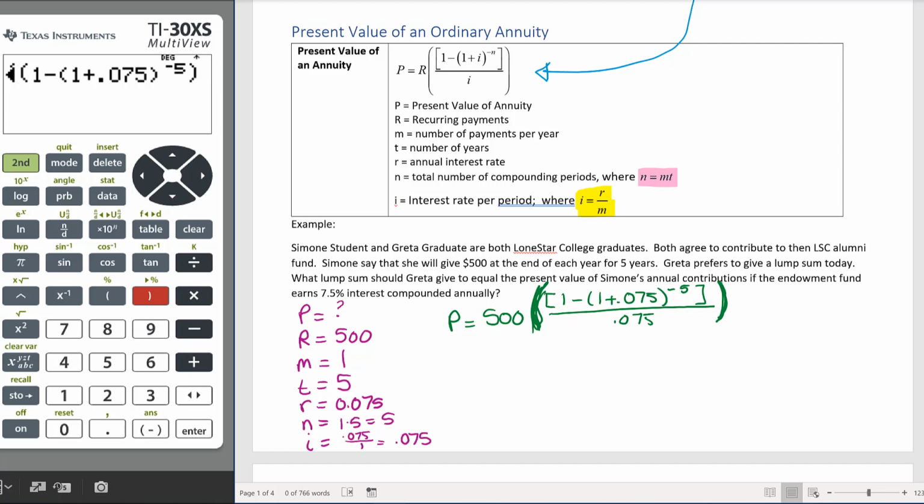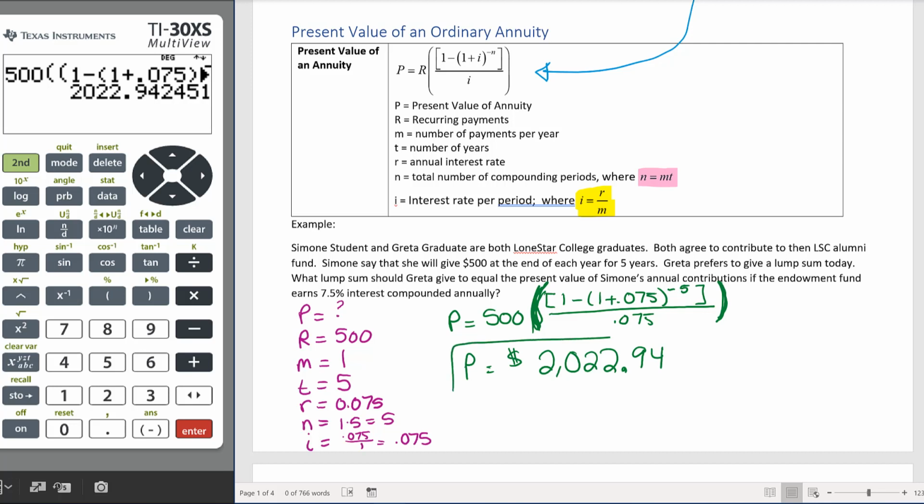So I'm just closing that bracket. Then I divide by 0.075, then I close the big parentheses. When I hit enter, this gives me $2,022.94.